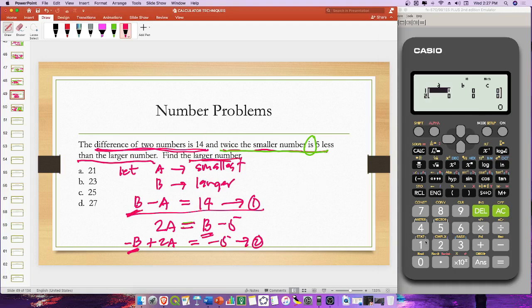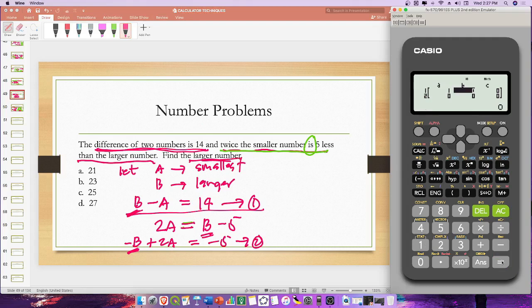So enter the coefficient of b, that's 1. Coefficient of a, that's negative 1, equal to 14. Now that is from the first equation. From the second equation, the coefficient of b is negative 1, a is 2. Okay, and negative 5.